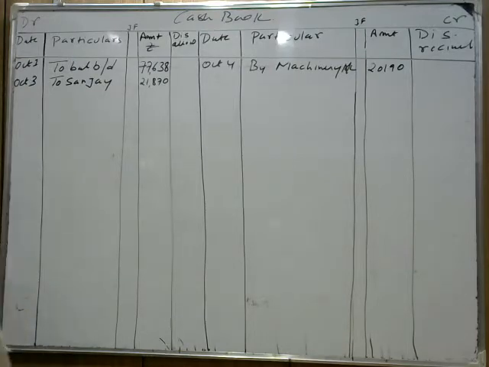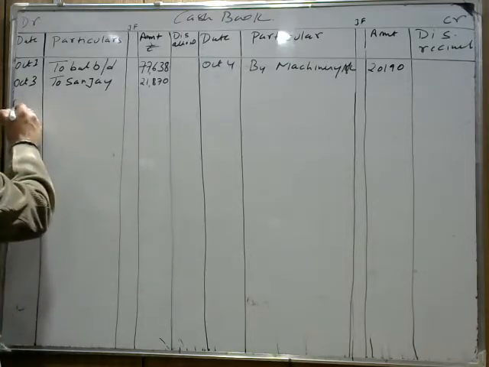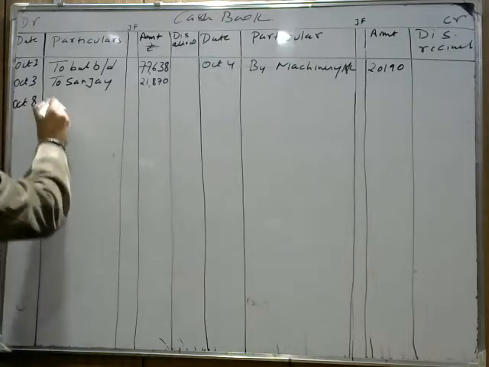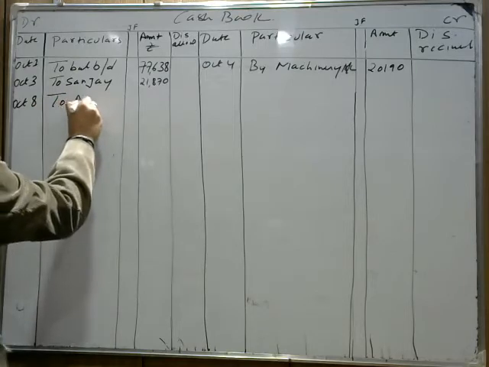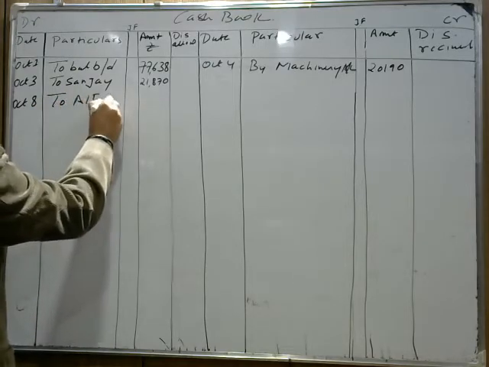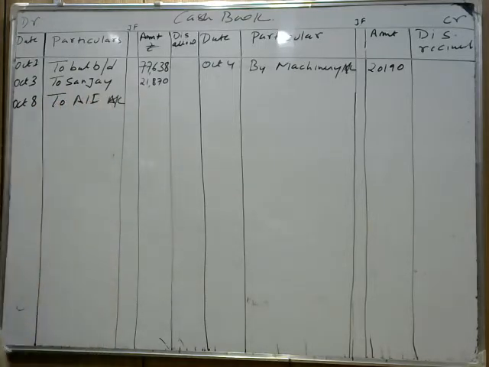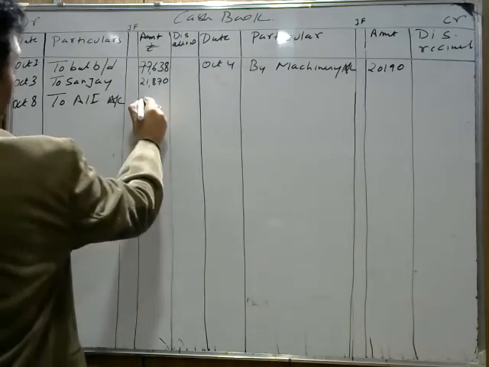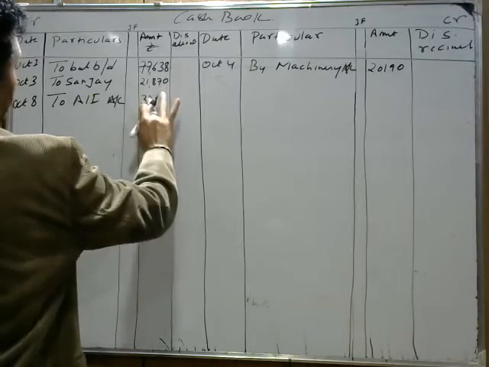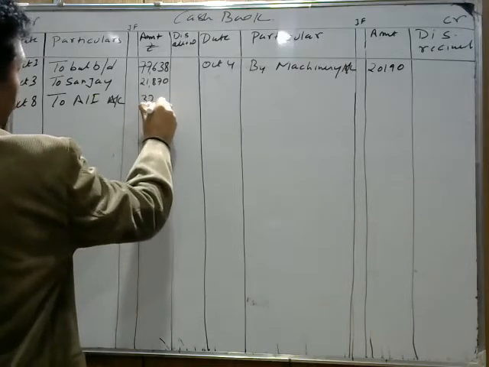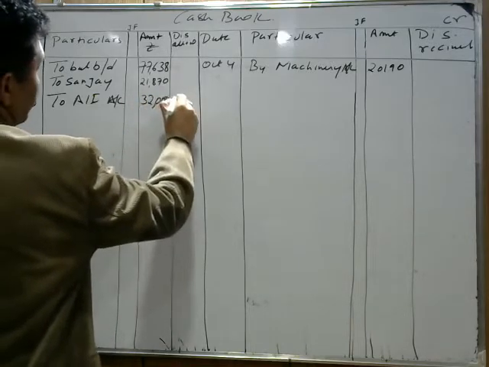Next is October 8th, receipt from Ali and discount allowed. On October 8th, you receive from Ali. So we write To Ali account. How much money are you receiving from Ali? 32,000. And you give discount 1,000.